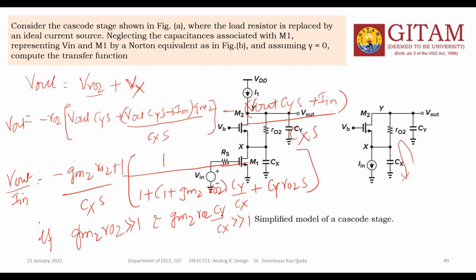With these two approximations, I can write the above equation approximately as minus gm2 into R02, multiplied like this. This is 1, you can use multiplication.